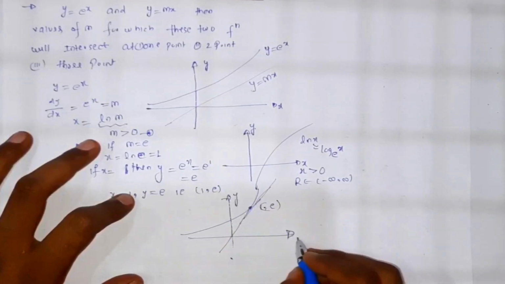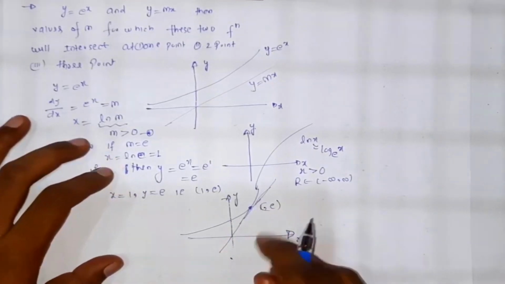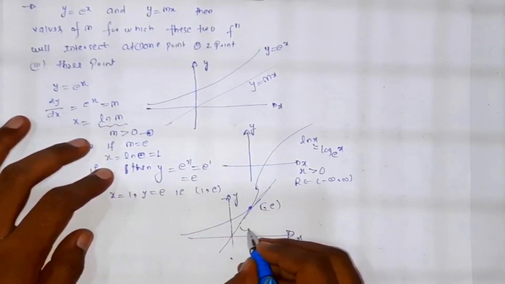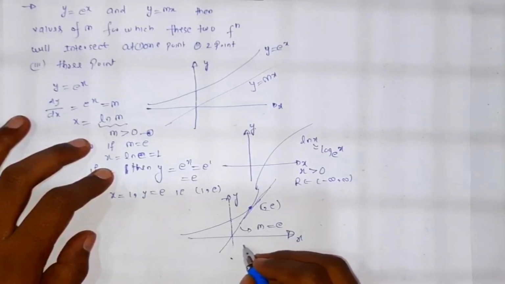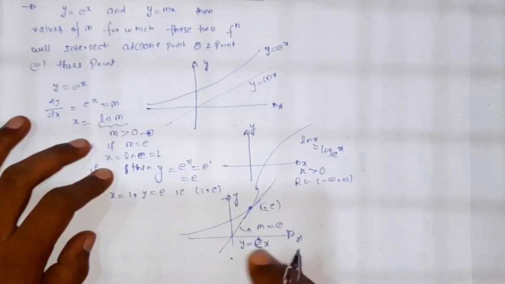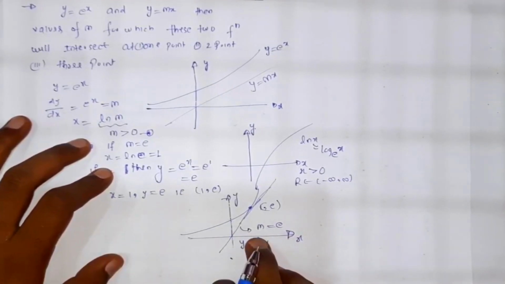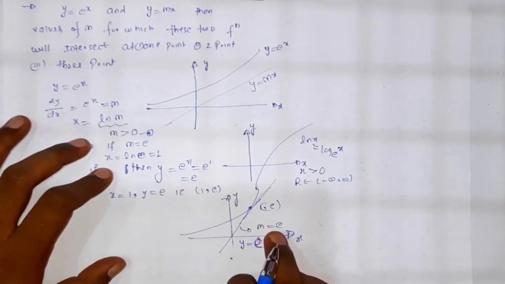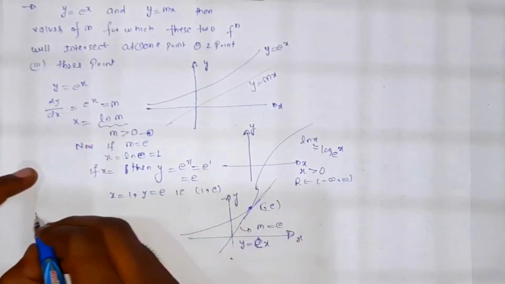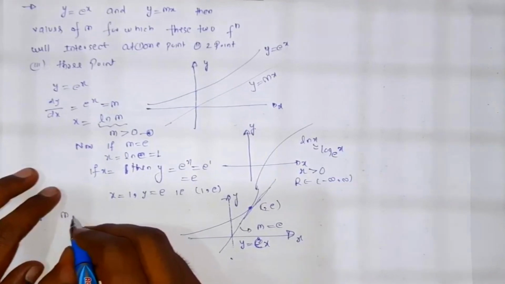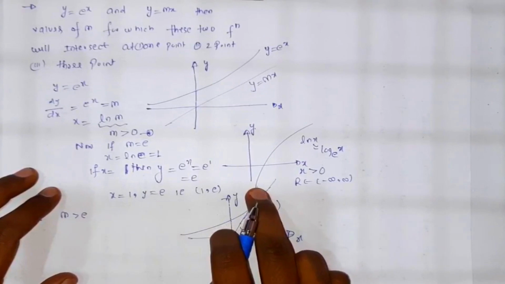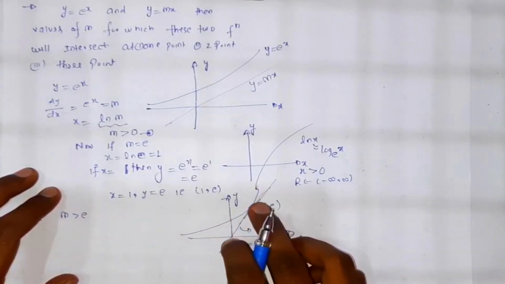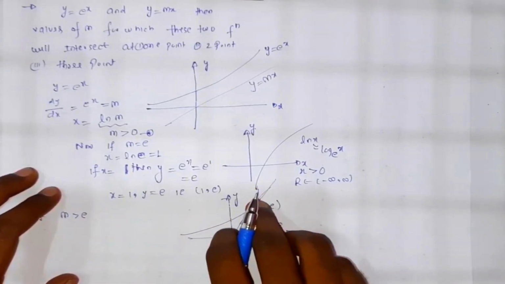Now from this graph I can say if the slope of this line m equals e, here the line is y equals mx, that is y equals ex. The slope of this line is e. If the slope of this line is greater than e, that is if m is greater than e, then what will happen? This is going to touch at more than 1 point. At more than 1 point. So I hope it is clear to all of you.